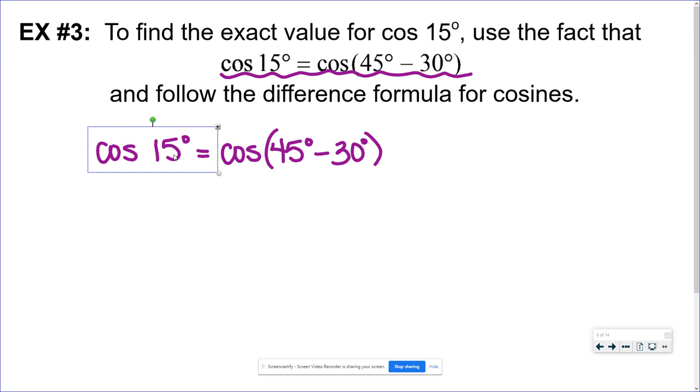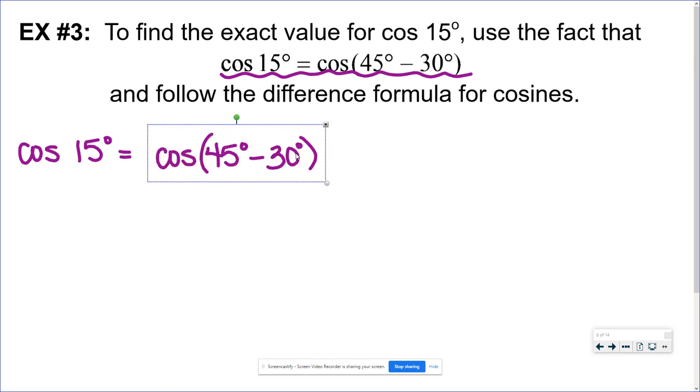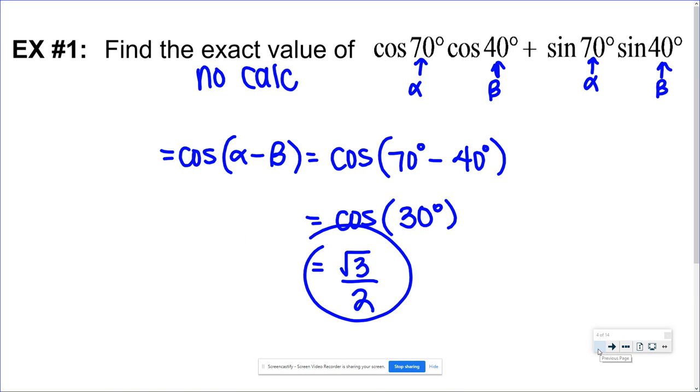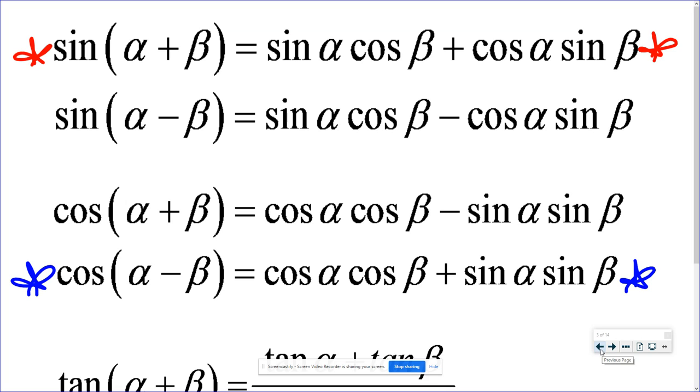So what I'm going to do, make a little bit more room, but I'm going to say 15 is equal to 45 minus 30. Then I can establish that 45 is going to be my alpha and 30 is going to be my beta value. And I'm going to go back to my list and I'm going to look for cos of alpha minus beta. This one, I guess we keep using this one, don't we? This fourth one down.